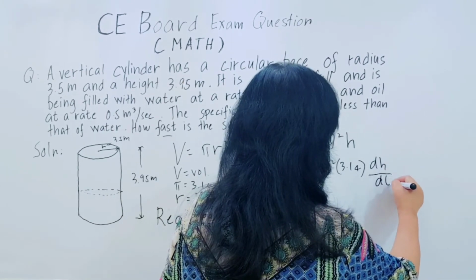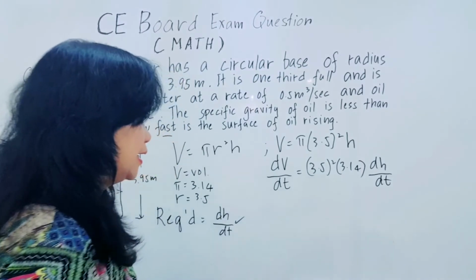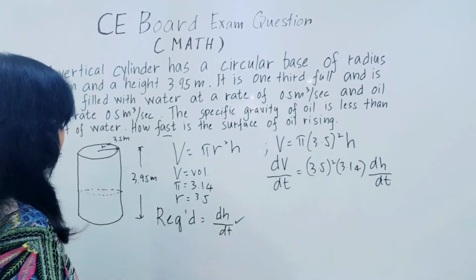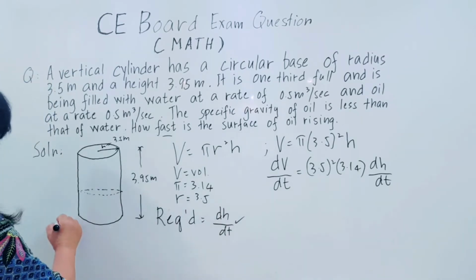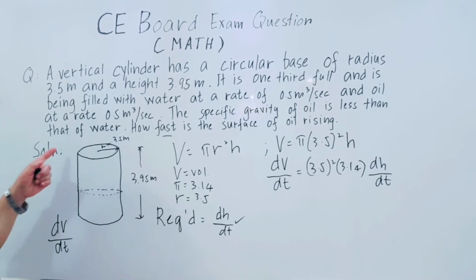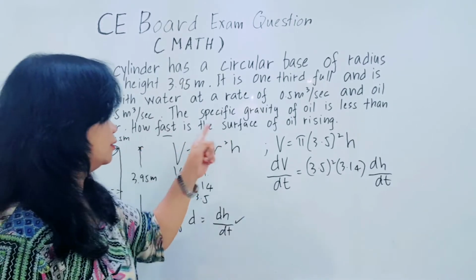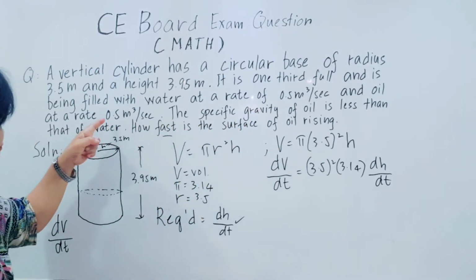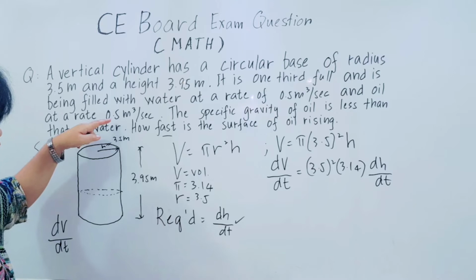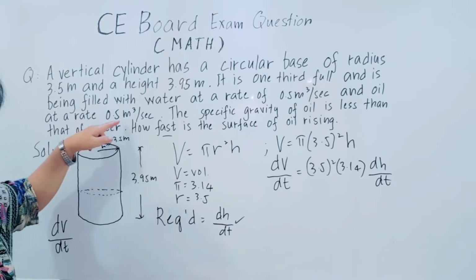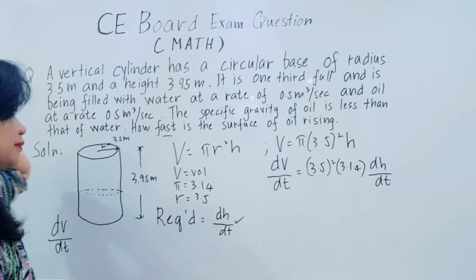Now, we have the given. Because we're talking about the surface of oil rising, the derivative of the volume, or the change in volume with respect to the time, is equal to 0.5 meter cube per second.